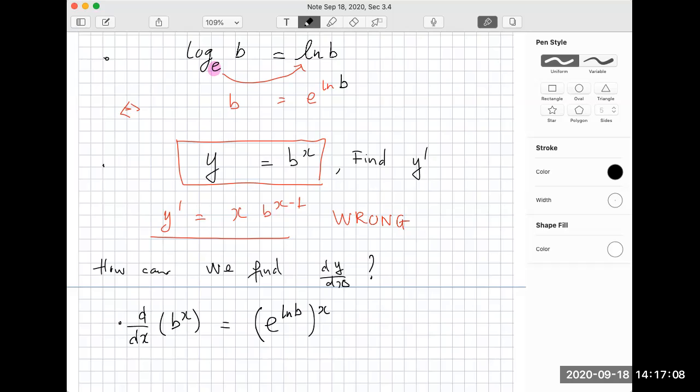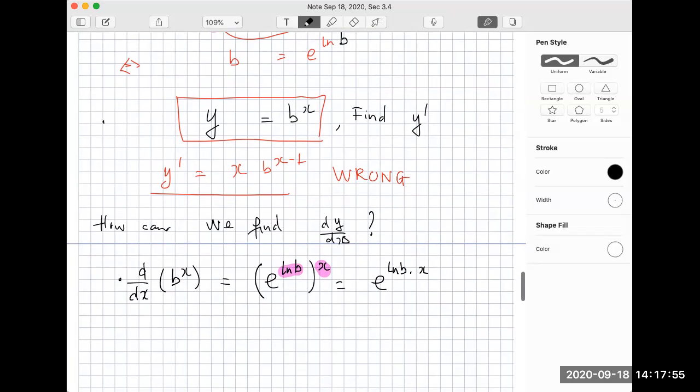And this is the power rule we just discussed. Then it would be e to the ln b times x, the product of the two powers. Very good. Now look at this.